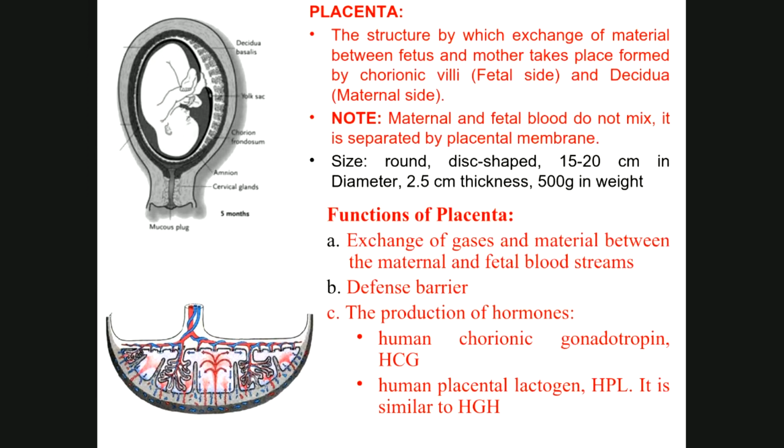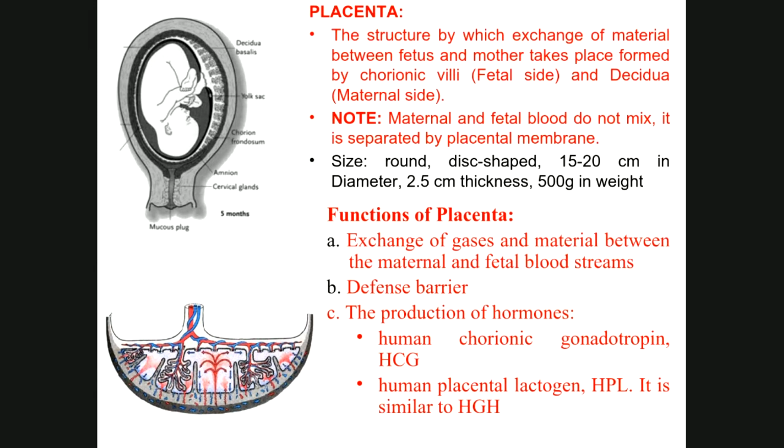If the level of HCG is low, then the development cannot continue further and the baby will be aborted. So in a female who has repeated abortions, we should start thinking and assess the level of human chorionic gonadotropin hormone. If the hormone level is low, you can give injections of this hormone and maintain the pregnant state. So it is very important to know this hormone and its level, and then in practice we can apply this principle.